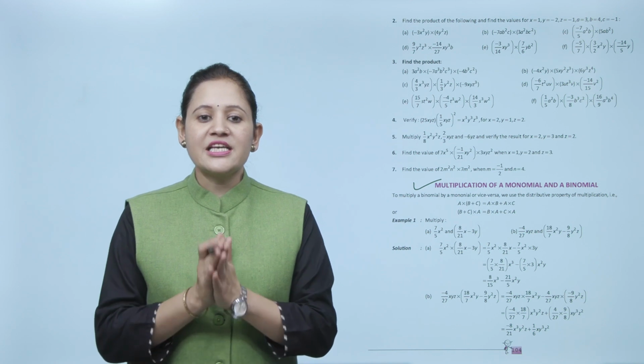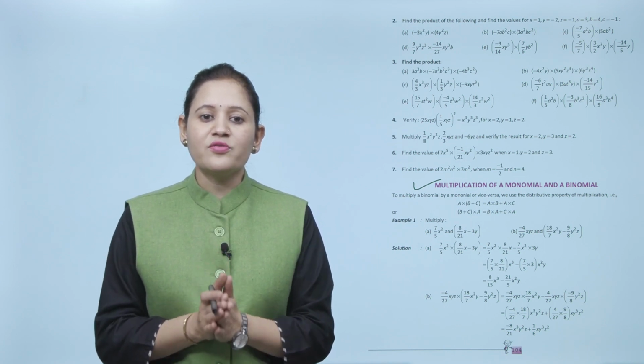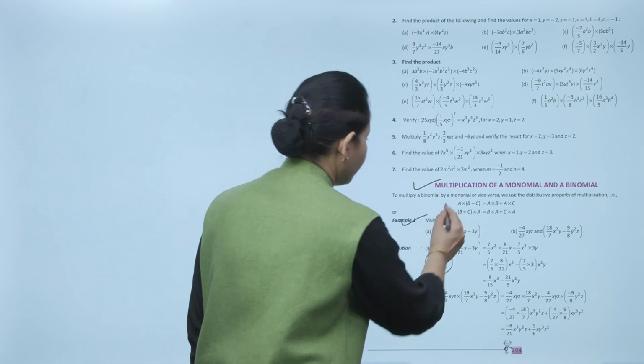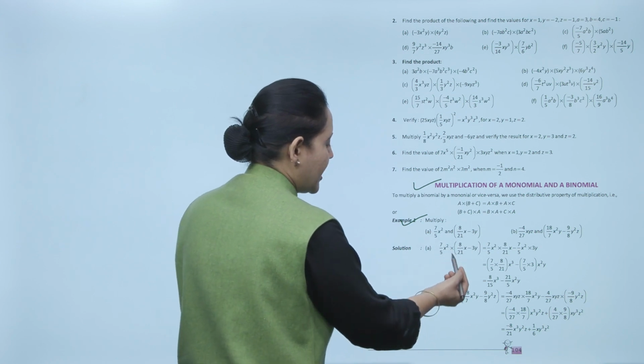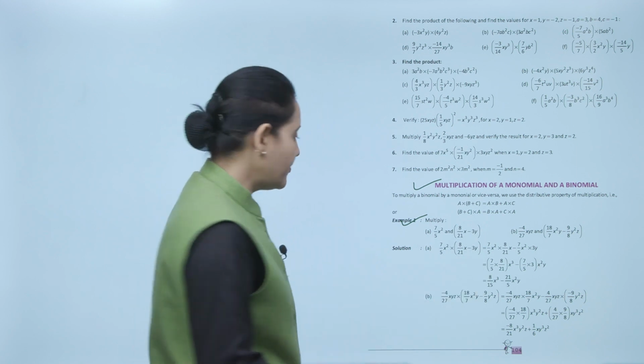Multiply 7 upon 5x square and 8 upon 21x minus 3y. So we have to multiply 7 upon 5x square into 8 upon 21x minus 3y. So what will we do?